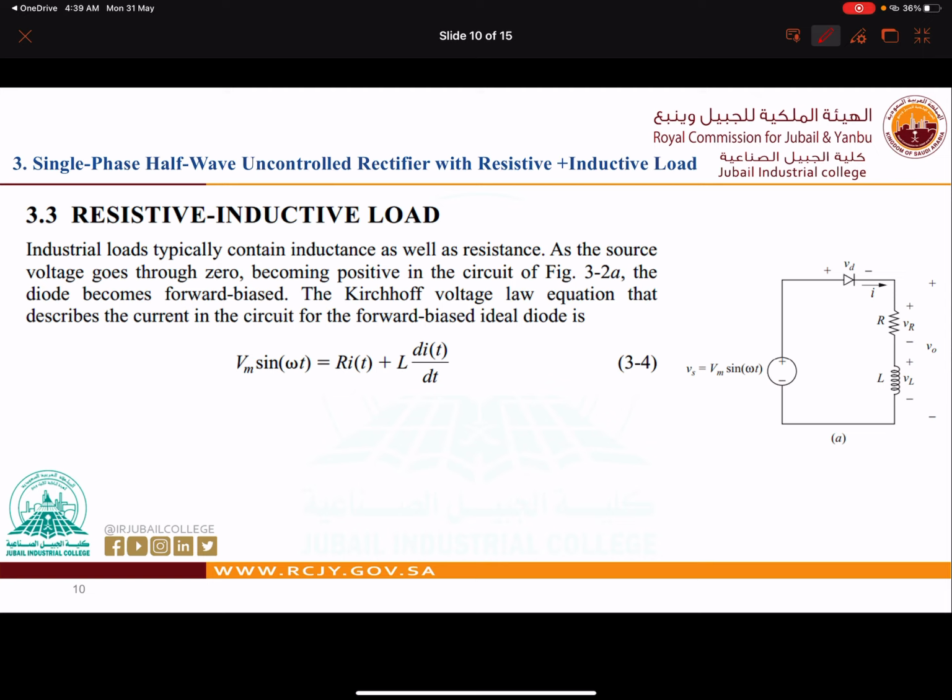Now for the resistive inductive load, why do we introduce the inductive load? We know that the inductive load is found in industry, and it is found in motors.